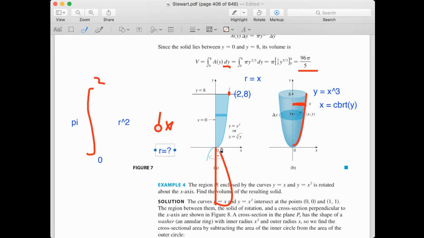Well, let's see r. R is just these guys. At this point, r is this one; at this point, r is this one. So on and so forth. Let me just make one r.